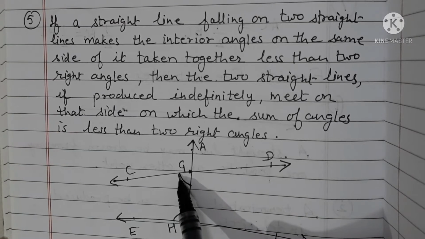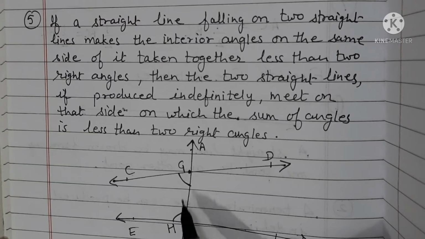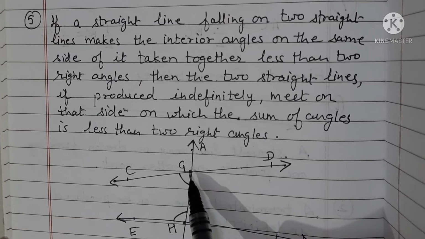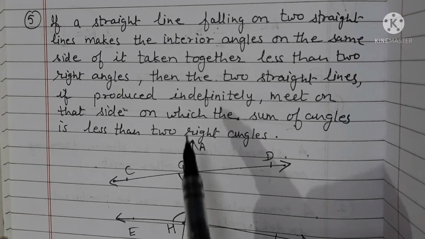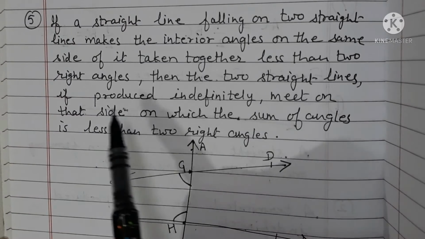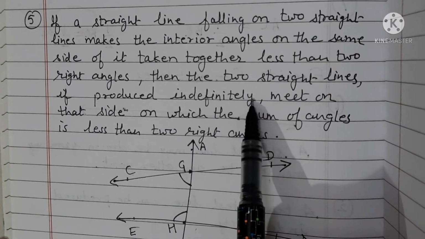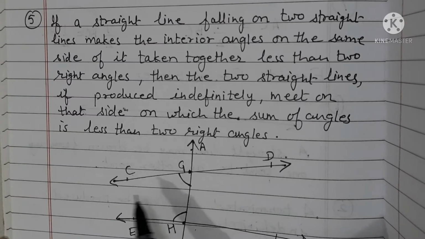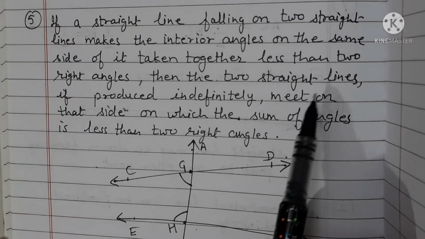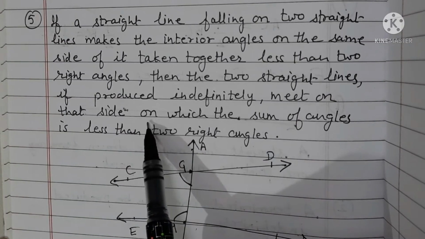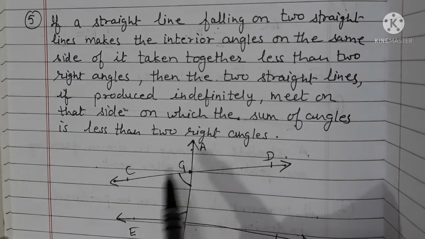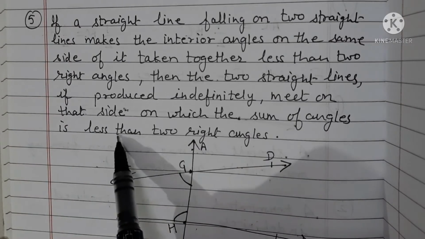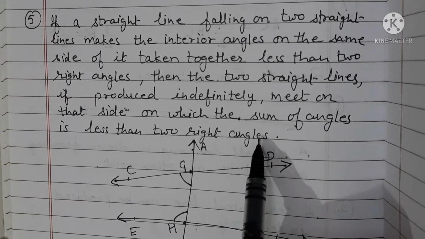So suppose we are taking these two angles at G and H, and the sum will be less than two right angles. Then the two straight lines, if produced indefinitely, will meet on that side on which the sum of angles is less than two right angles.